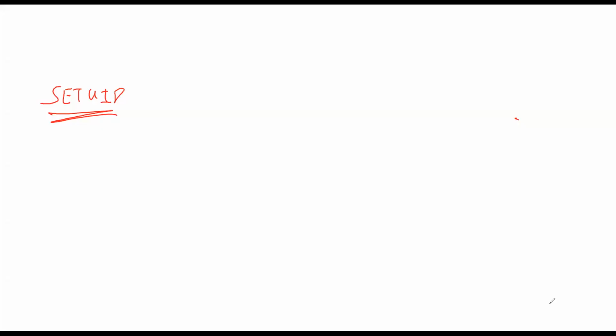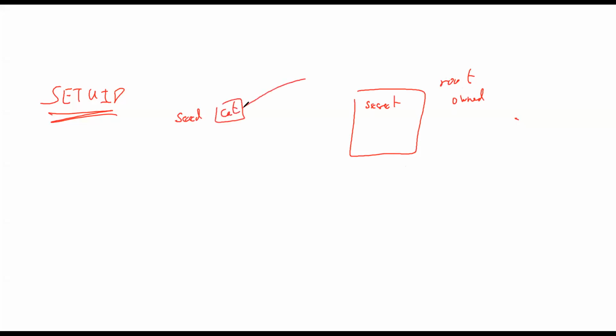So I have to share the whiteboard. Okay, so remember, there's a root owned file. Are you seeing the whiteboard? Yes, sir. Root owned, and this is a secret. When you're seed and you use something like cat or any program and you try to read it, impossible.